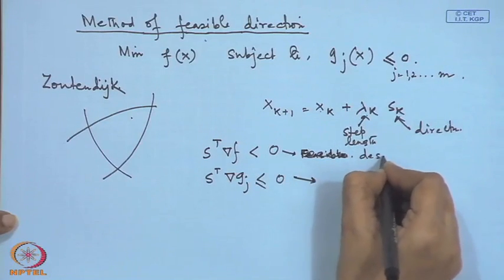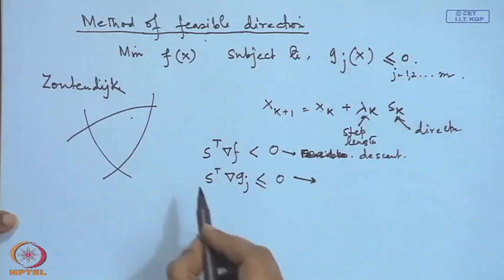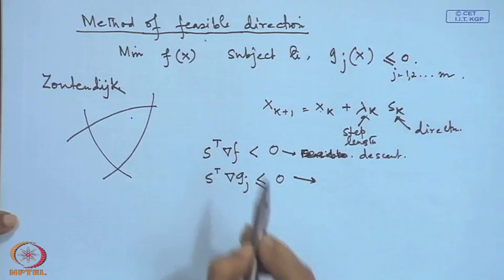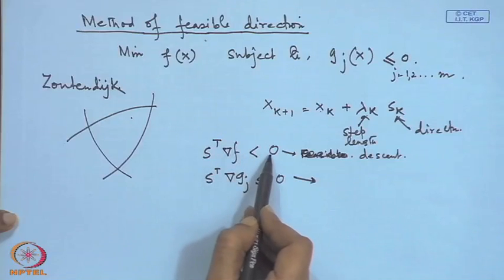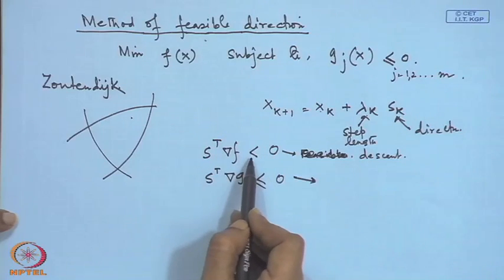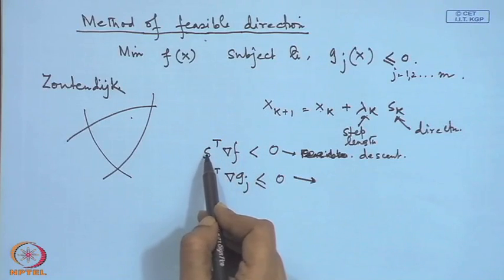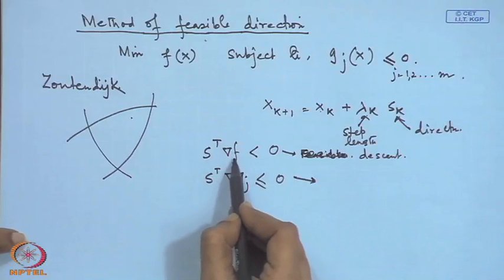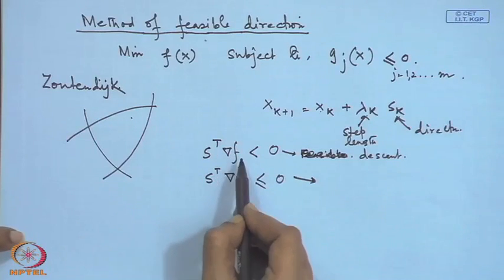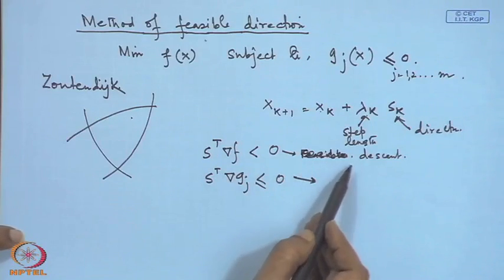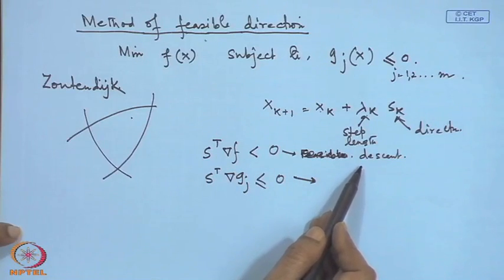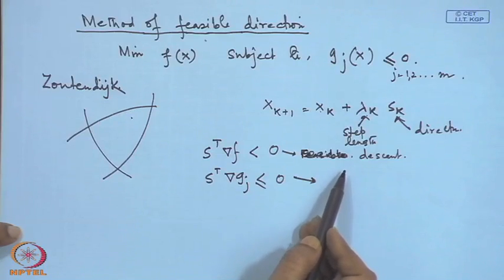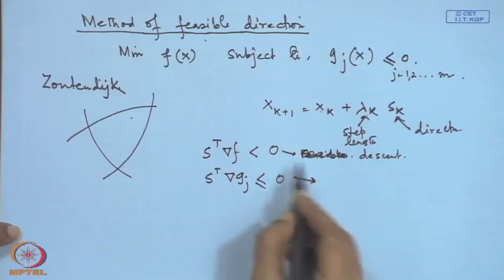That means, for the minimization problem, if I consider the direction as S, and S transpose grad f gives a value less than 0, that means it makes an obtuse angle with the gradient of the objective function, then that is the descent direction. That direction gives me a better functional value for the minimization problem, that means the functional value improves and we get a better minimum in this direction.